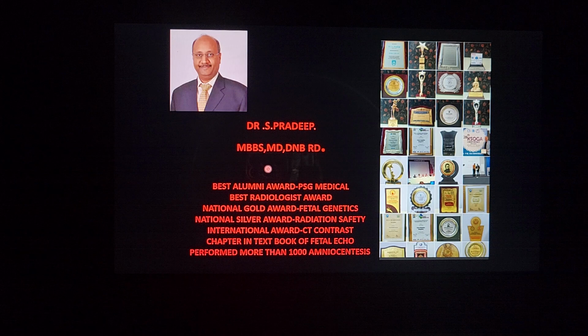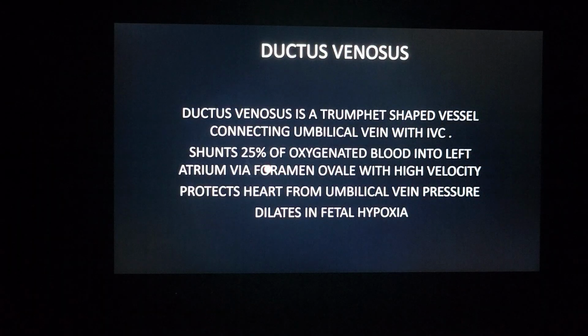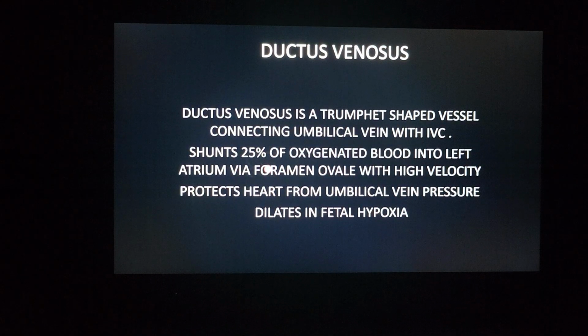Today we will look at anomalies of ductus venosus and umbilical vein systemic shunts. Ductus venosus is a trumpet-shaped vessel which connects the umbilical vein through the portal sinus with the IVC.